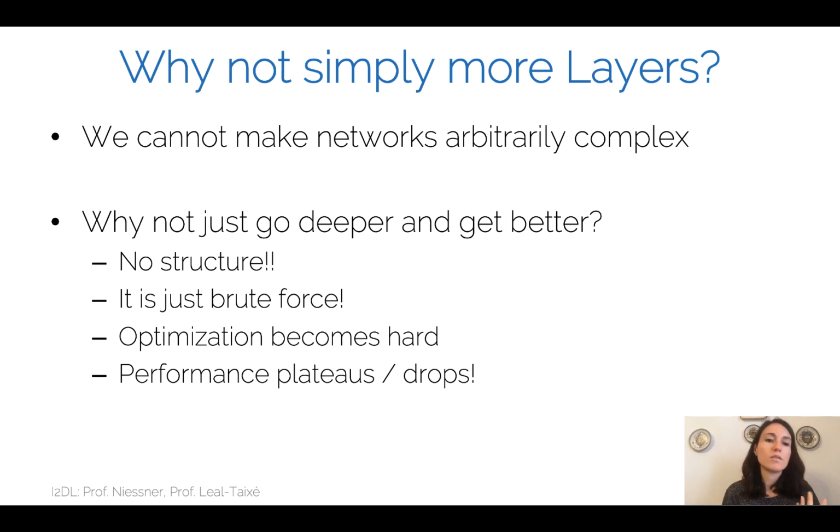Well, it turns out that if you create just deep multi-layer perceptrons, you're missing a bit of structure. It's like a brute force approach. Optimization is going to become harder and harder as your network becomes deeper, and your performance is going to plateau, or even drop. Your network is essentially going to overfit and not generalize.